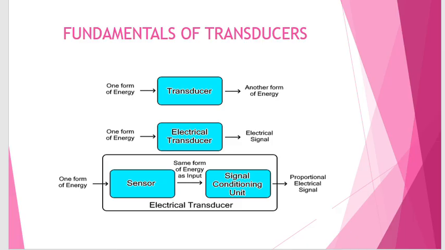Usually voltage and current will be the electrical signal. That means the output of the transducer is normally voltage and current. Then how will this process be converted? We have to become familiar with different types of processes. For example, resistive effect, inductive effect, capacitive effect, like that.